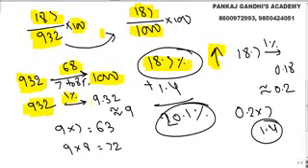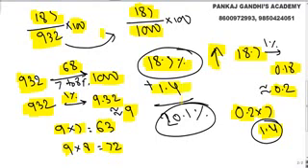What is 1% of 932? 9.32, nearly 9. 9 sevens are 63. 9 eights are 72. So we need to increase the answer by nearly 7 to 8%. Now what is the answer's 1%? 0.18, nearly 0.2. So 7% will be 0.14, added to get 1.4. So we get this.